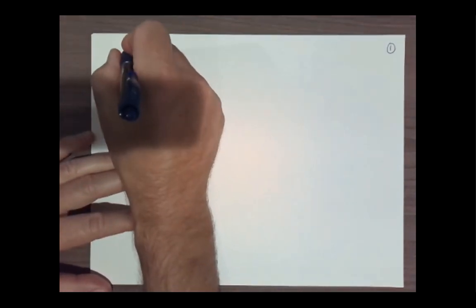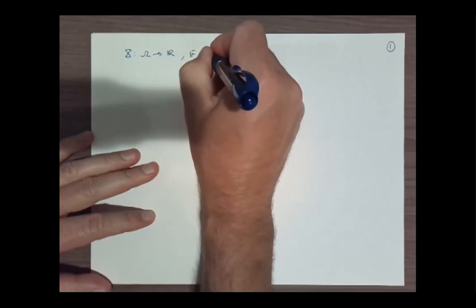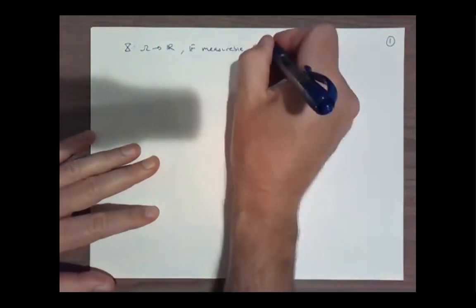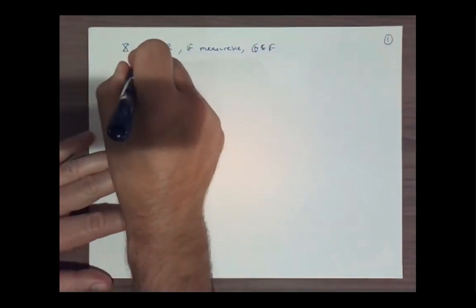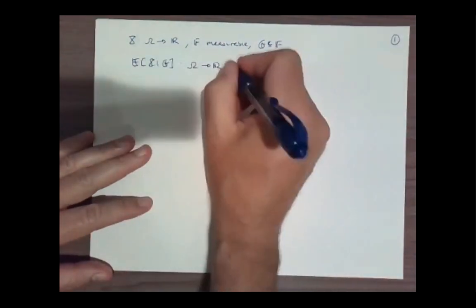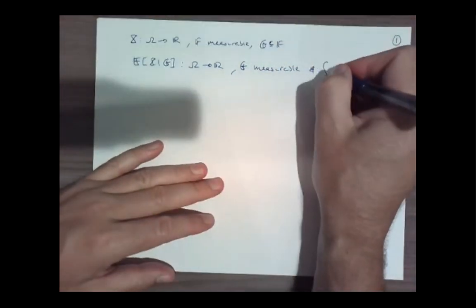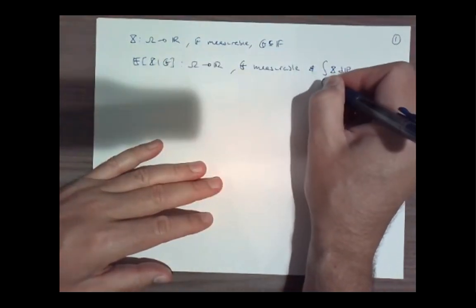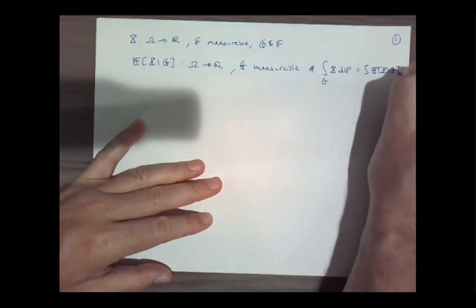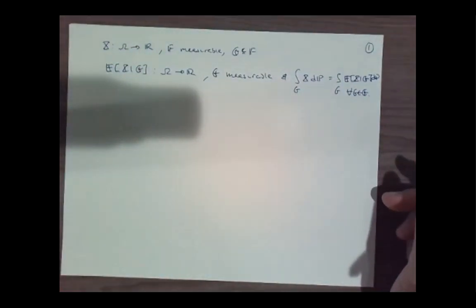We're looking at a random variable which is F-measurable, and a sigma algebra G that is inside F. We've been talking quite a bit about the conditional expectation, which is another random variable, and this is G-measurable. It satisfies this partial averaging property: when you integrate X over sets inside the sigma algebra G, you get the same thing as when you integrate the conditional expectation, for all sets inside G. That's the definition, and we talked about properties last time.